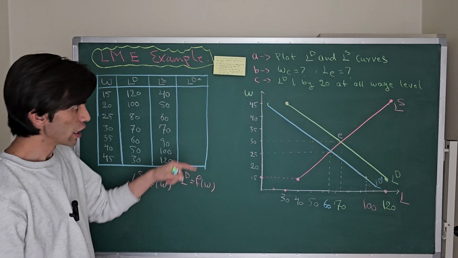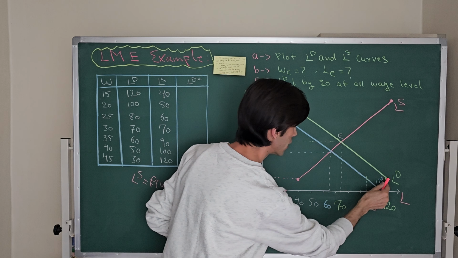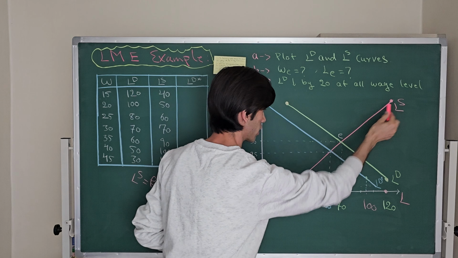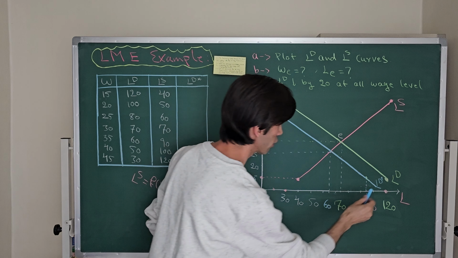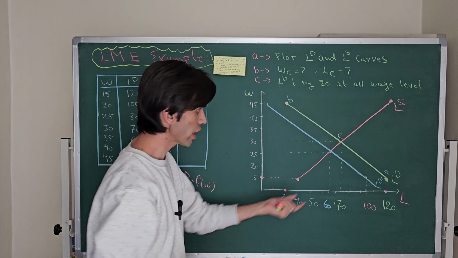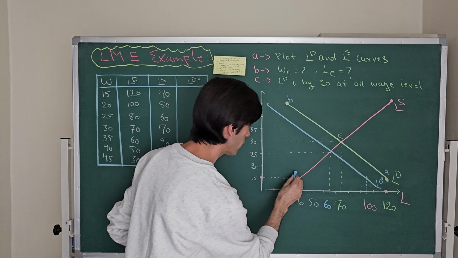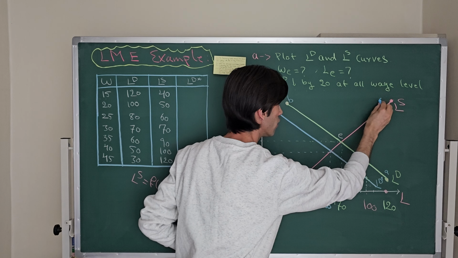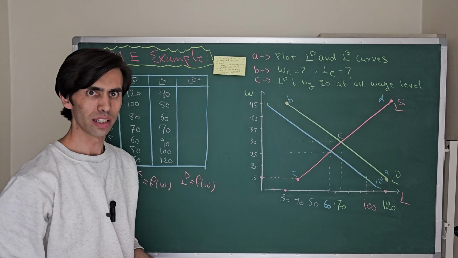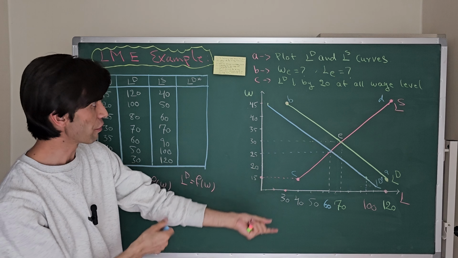Another point. So when we connect these two points, for example this point A with this point B, we will have the labor demand curve. And when we connect C with D, we will have the labor supply curve. So this is the first one.